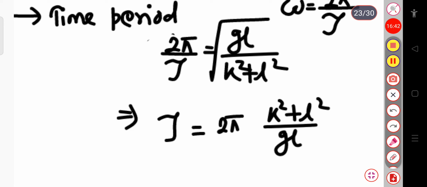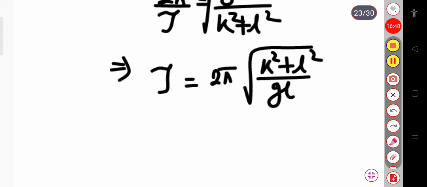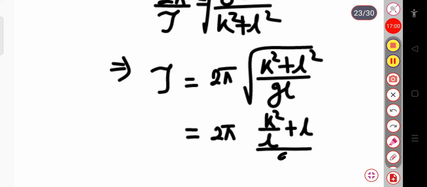Or this time period can also be written, if I divide by L in both the numerator and denominator, as 2 pi into root over of (k square by L plus L) whole divided by g. So this is the final expression for the time period.